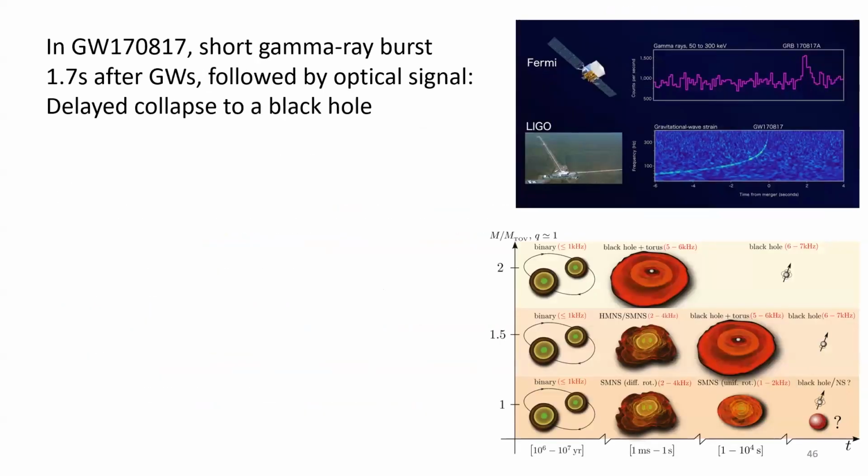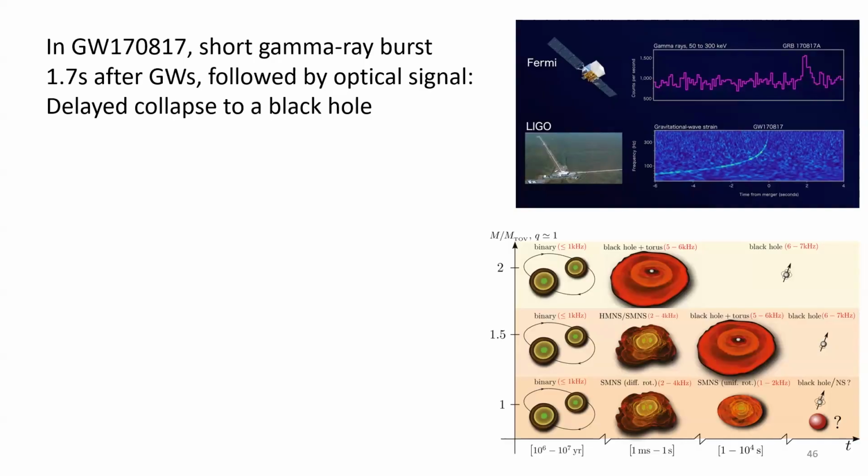It is interesting to note that in the cleanest and highest quality neutron star merger that we have observed so far, GW170817, there was a very clear electromagnetic signal. There was a short gamma ray burst that came more or less 1.7 seconds after the peak of the gravitational wave signal, which is when the two stars actually collided.